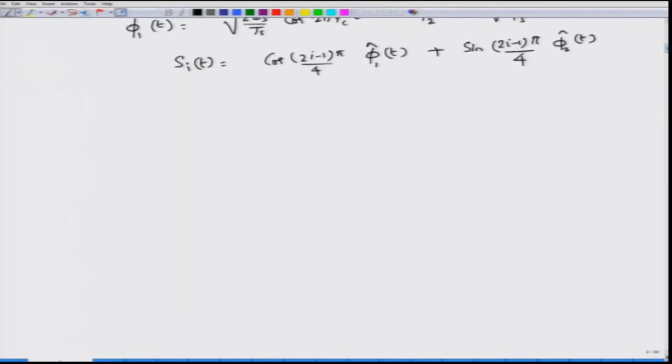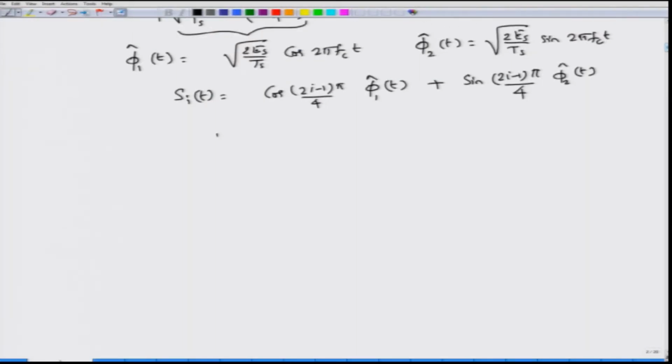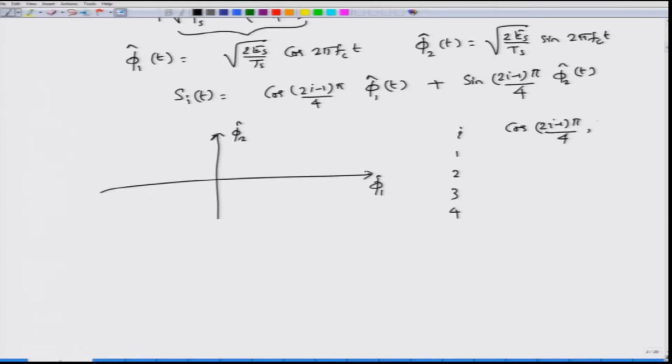Okay. So, if you now go to the signal space representation and call this the phi 1 axis and this the phi 2 axis, then by changing the value of I, which is 1, 2, 3 and 4, I can find out the corresponding points on the signal space. The corresponding points are cos (2I minus 1) pi by 4 comma sin (2I minus 1) pi by 4. So, this is the point on the phi 1 phi 2 plane which can represent the different symbols.